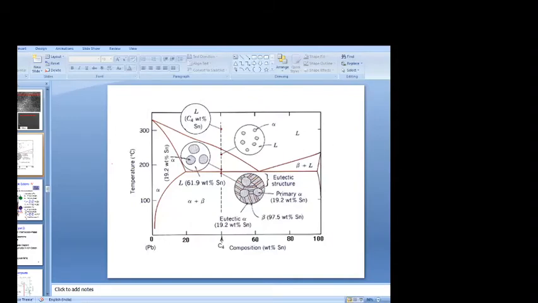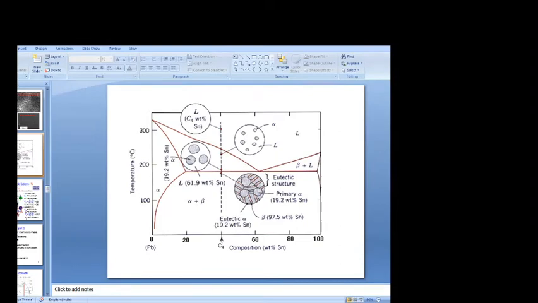As the temperature is lowered to just below the eutectic, the liquid phase, which is of the eutectic composition, will transform to the eutectic structure, as we discussed earlier as well.